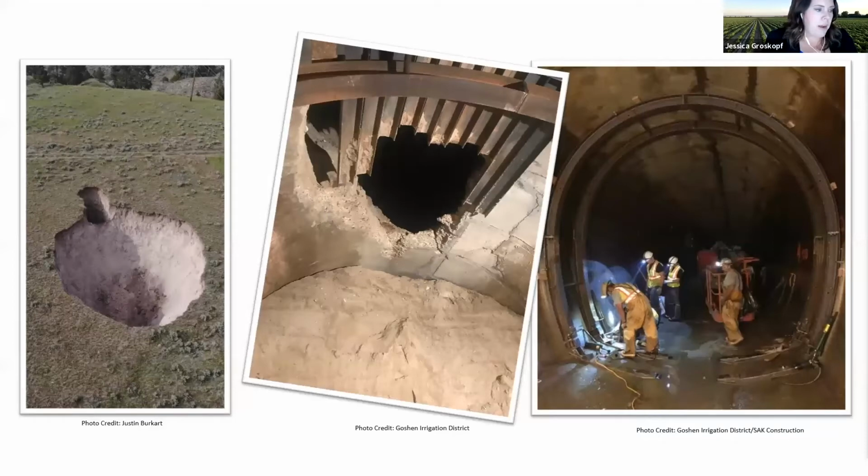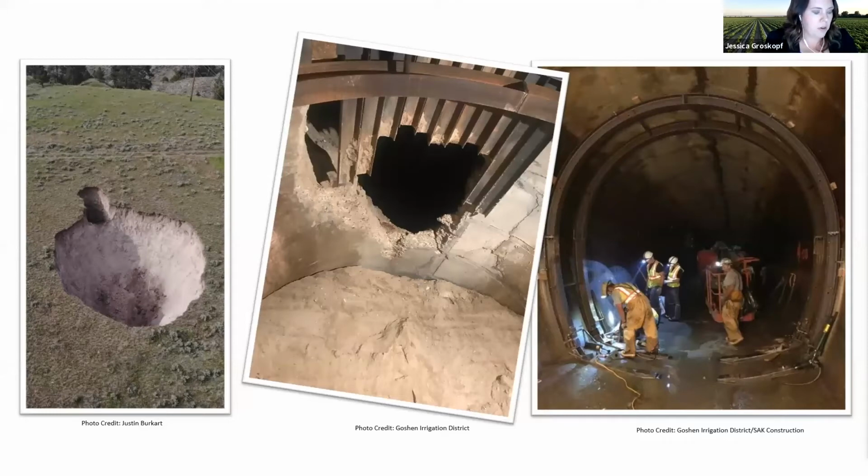Fortunately for the project, and unfortunately for about 107,000 acres in western Nebraska last summer, we did have the tunnel collapse issue. And I'm going to share just a couple of photographs with you here. From left to right, we have the initial hole in the ground. That was the indication that we had a problem with the Gearing-Fort Laramie tunnel.